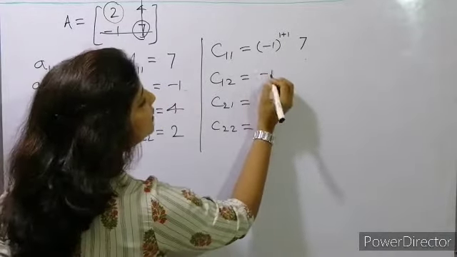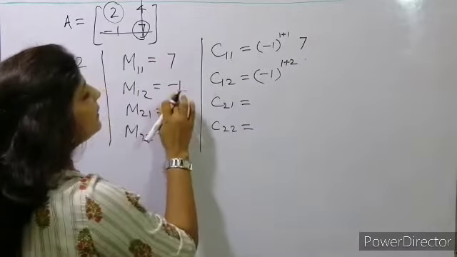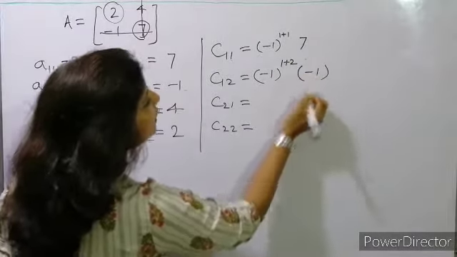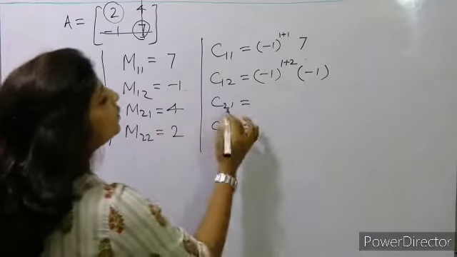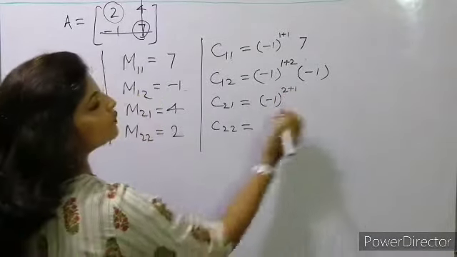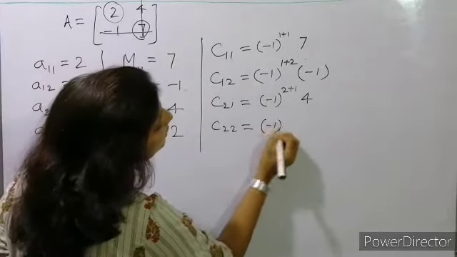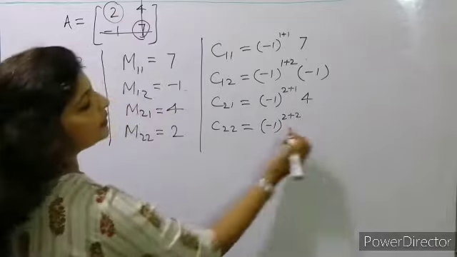Again minus 1 to the power 1 plus 2 and the value minus 1. Again 2 plus 1, so minus 1 to the power 2 plus 1 and this is 4. Now 2 2, so minus 1 to the power 2 plus 2 and we write 2.